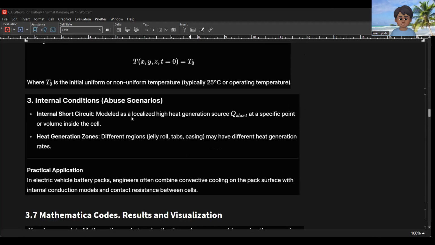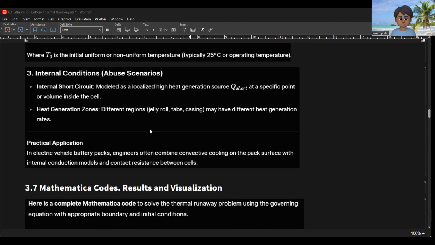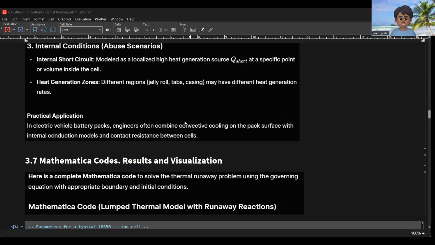And we have the internal conditions, for example scenarios where an internal short circuit is modeled as a localized heat generation source, Q short, at a specific point or volume inside the cell. We have the heat generation zone. So different regions, jelly roll, tabs, casing, may have different heat generation rates.